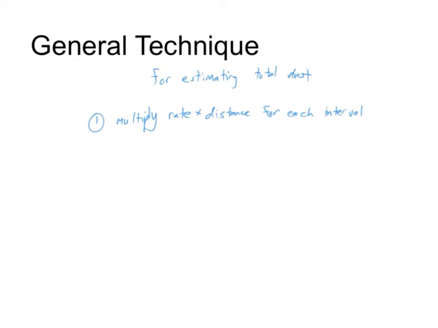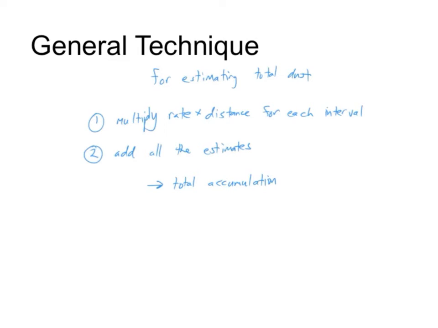For the first step, we're going to multiply the rate of accumulation by the distance traveled by the rover over each interval. For our second step, we're going to take all of these estimates for each interval and we are going to add them. Adding them will give us a total accumulation for the dust.